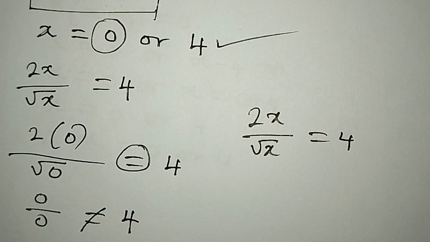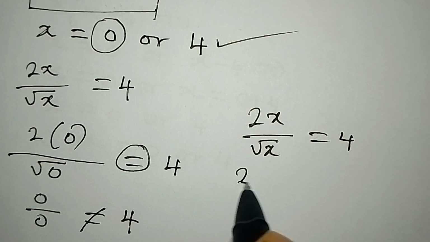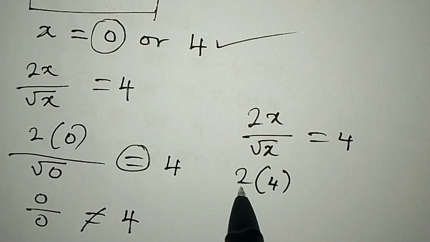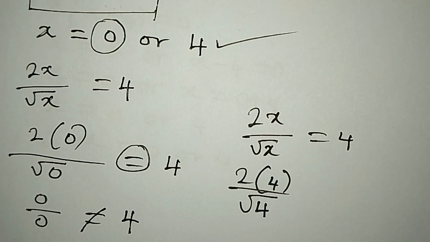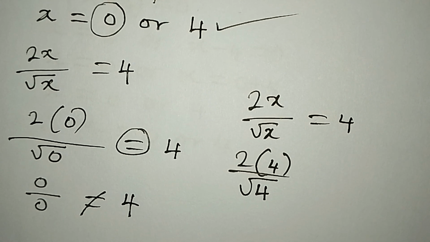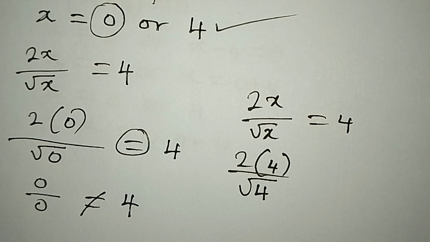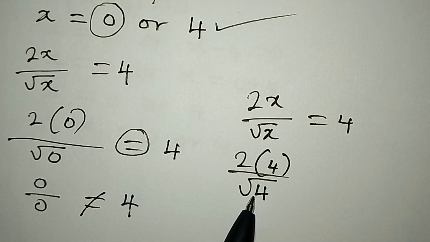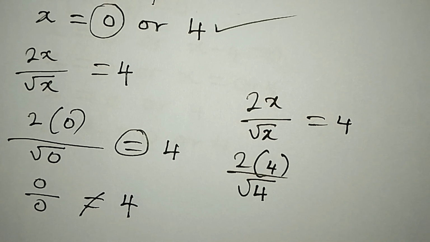Now, working with x equal to 4, we are going to have 2 into bracket 4 over square root of 4, because x is now 4. Do you know that some persons would be eager to cancel this 4 and this? But that is not possible, right? Because this is square root of 4 and this is ordinary 4. So there's no way you can cancel out.